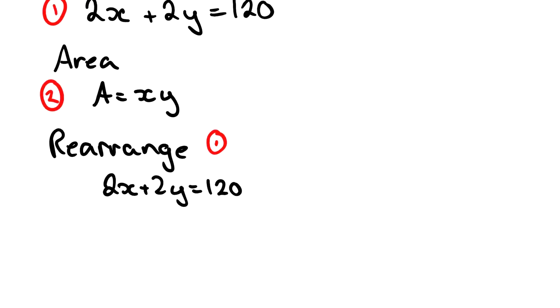And we can do some rearranging here. I'm going to make y the subject, but it doesn't really matter which one you do. So I'm going to minus 2x from both sides. I get 2y equals 120 take away 2x, and then I can divide everything by 2.